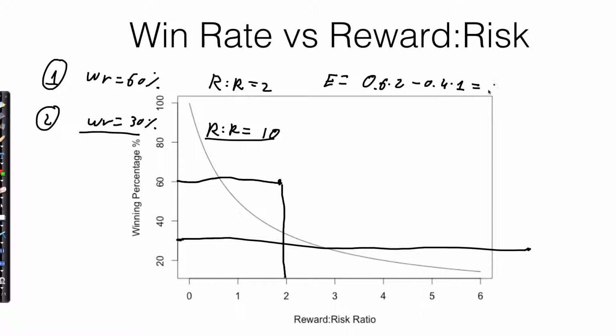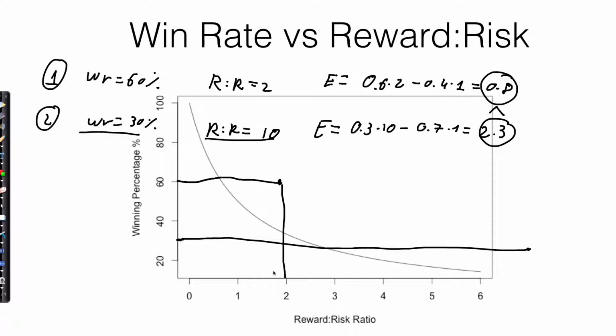Okay, so it's as before, 0.8. But here we have 30%, we win 10, and 70%, we lose 1. So what is this? This is 3, right? Minus 0.7 is 2.3. And this is larger than this. So in terms of profitability, this strategy is better.